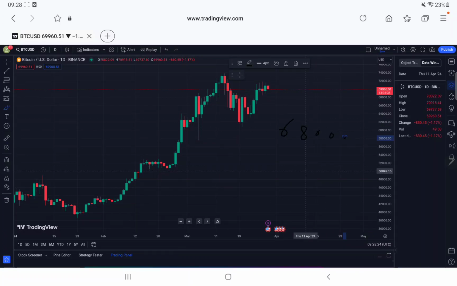If you enter at 68k on a 10x leverage, it needs to move down by 10%, and that would be your money gone. Exchanges have to protect themselves as well, because technically they're loaning you the money.